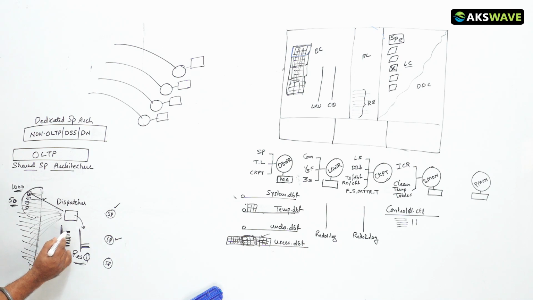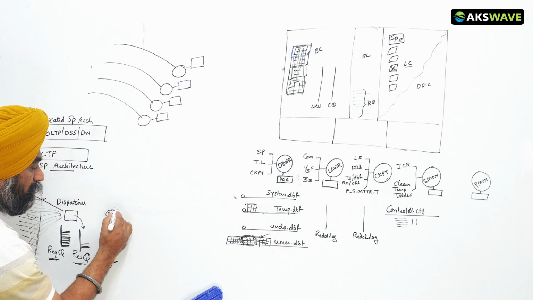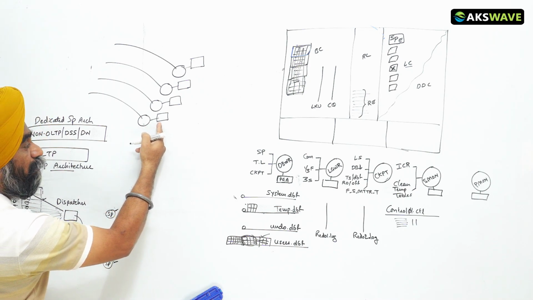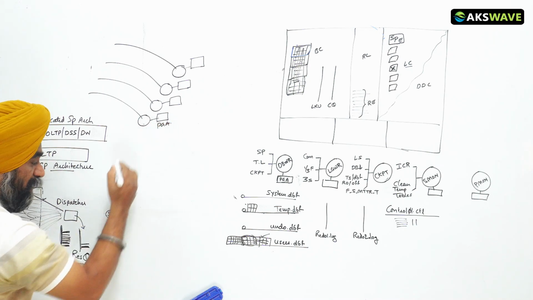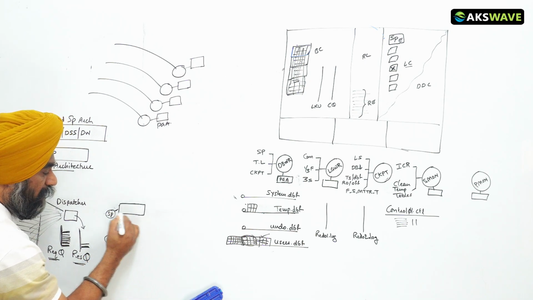The statement might be processed by this. So seems like one single user, multiple requests, they are getting processed by multiple server processes. Getting my point? Now, if I look at the server process, with every server process, what you have here? PGA. So now again the PGA part here, PGA part here.